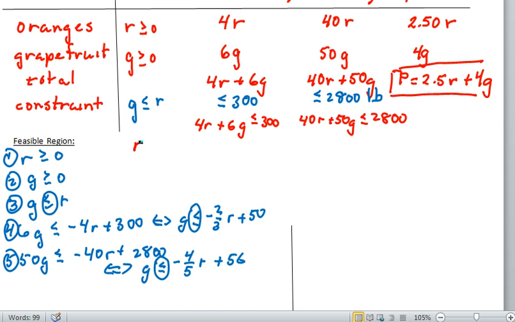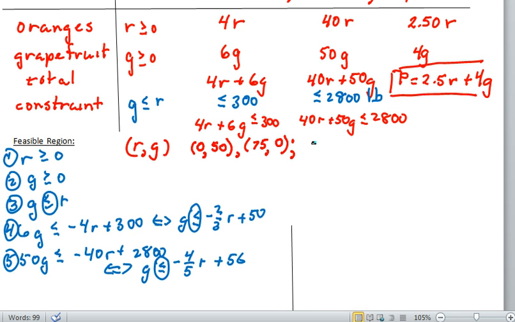So we're going to look for ordered pairs in the form R comma G. And I'll let you confirm that when R is 0 in the volume constraint, G will be 50. And when G is 0, R will be 75.